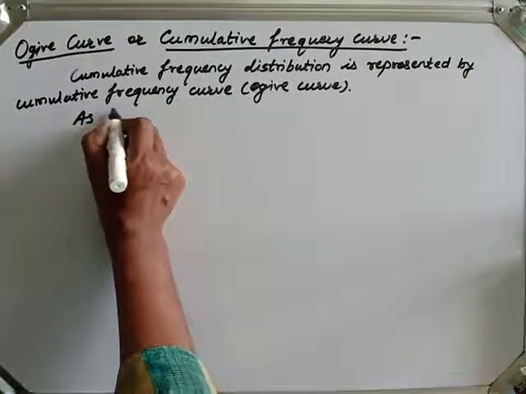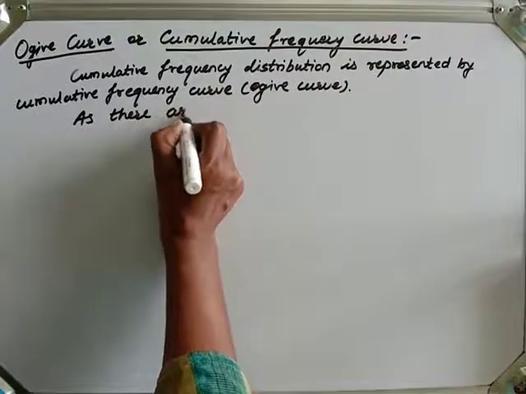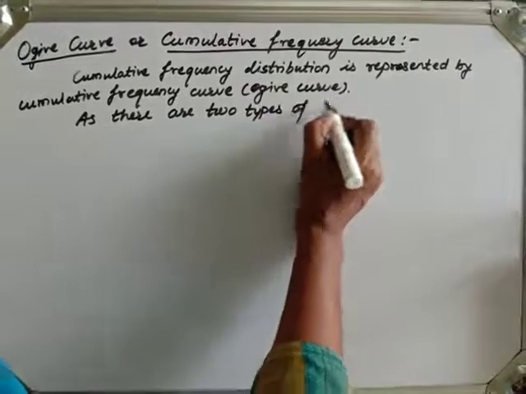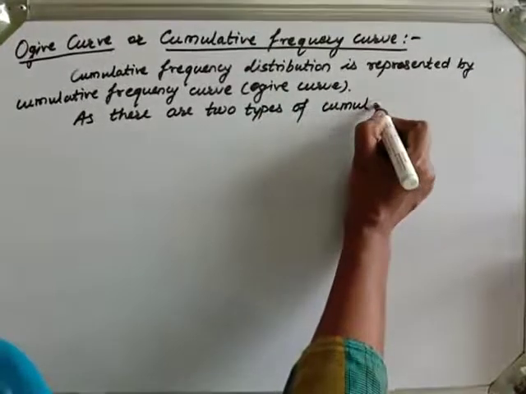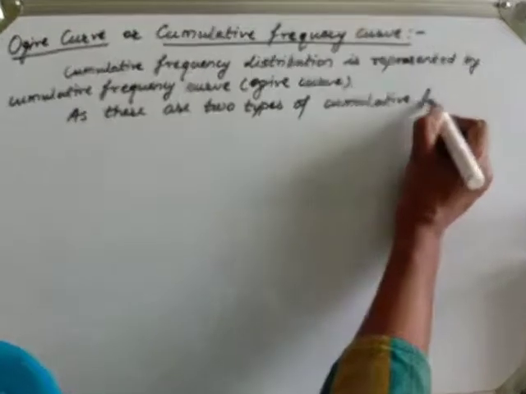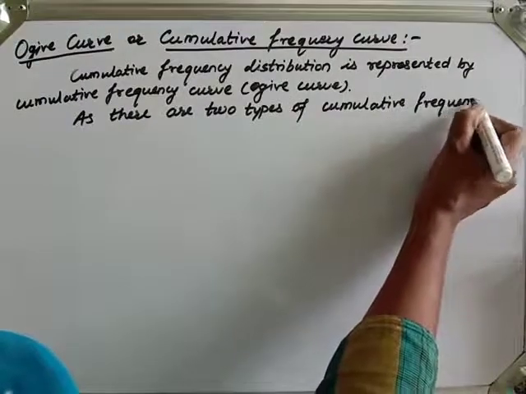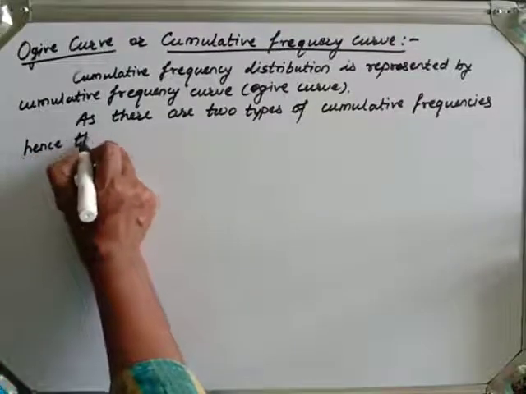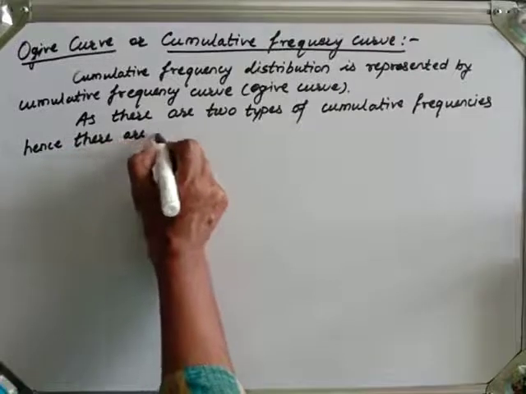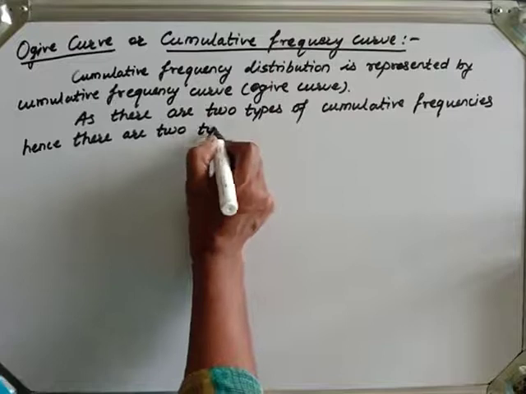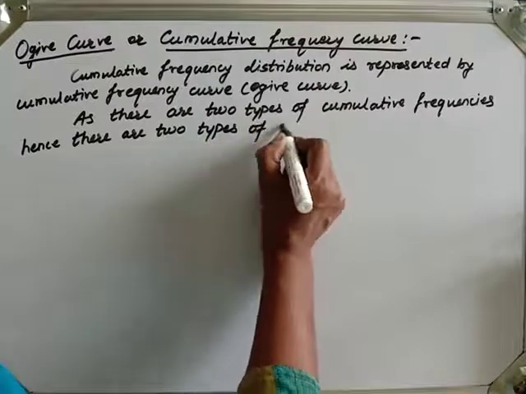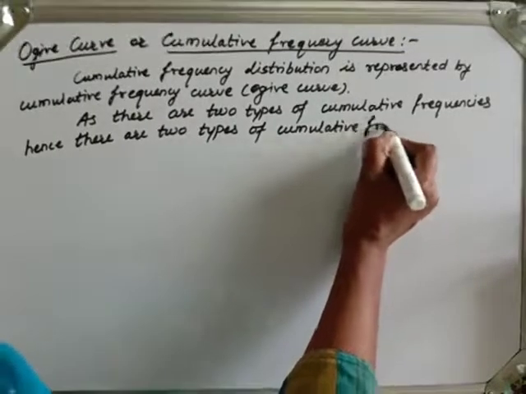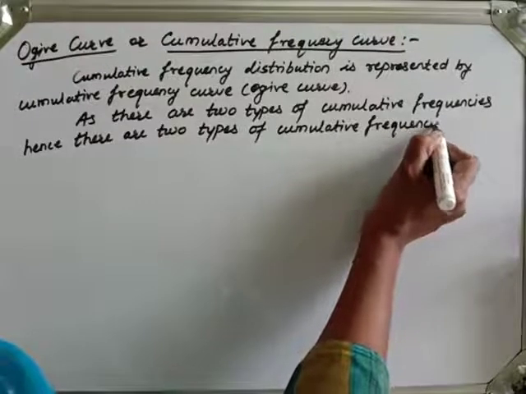As there are two types of cumulative frequencies, hence there are two types of cumulative frequency curves.